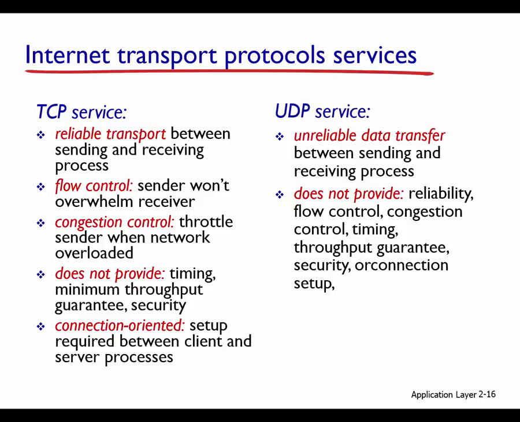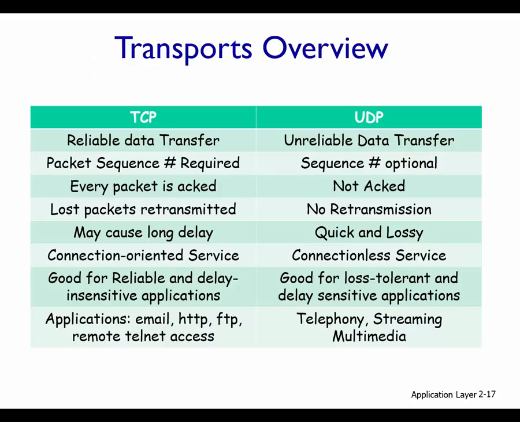UDP, a little more stripped down, provides unreliable data transfer. So if you miss some data, it's not a big deal, and it really doesn't provide much of anything. If you need to use UDP because you don't want the overhead of a connection-oriented setup, but you need some of those things like reliability, flow control, etc., your application has to provide those capabilities.